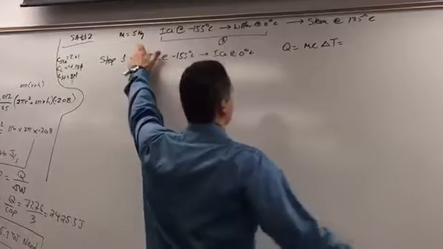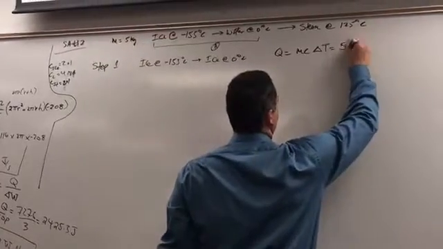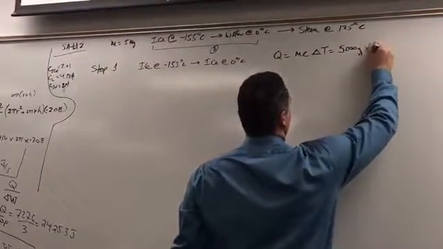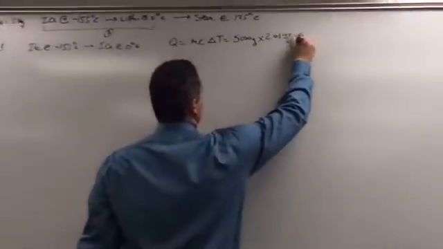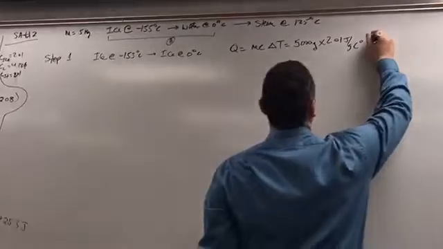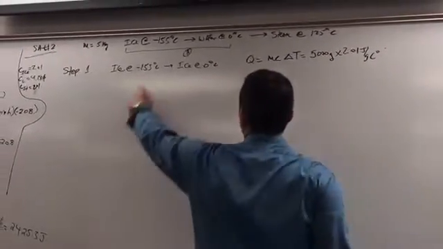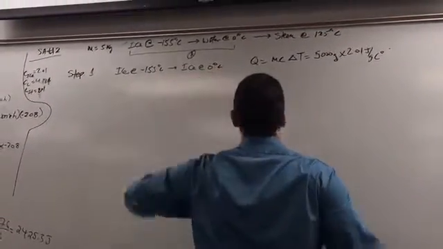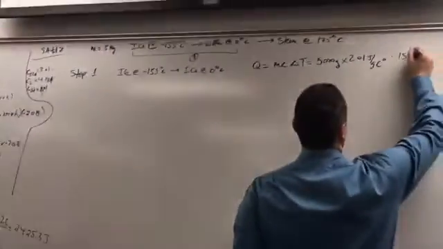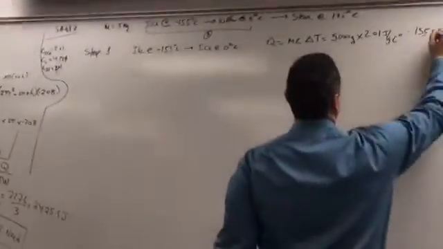That means we have to convert this into grams, so we're in the right unit. So it's going to be 5,000 grams times 2.01 joules per gram degree Celsius, times the change in temperature. This is going from minus 155 to 0, so it has changed by 155 degrees.